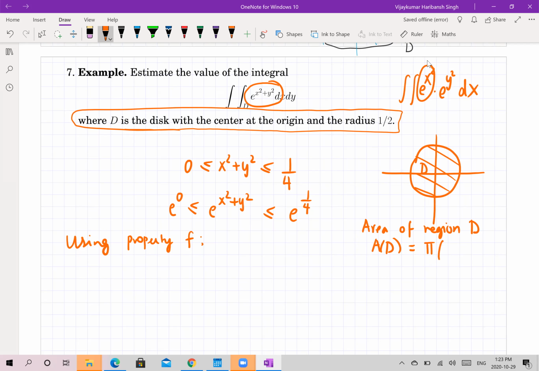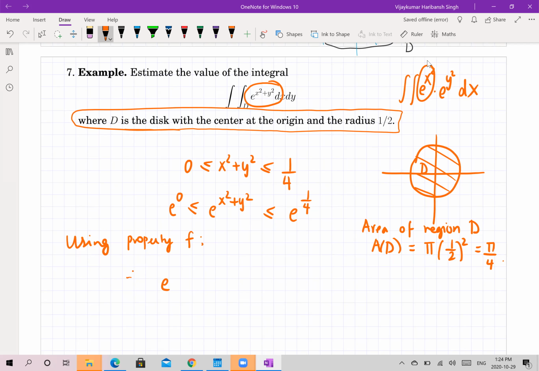We know that result, pi times (1/2) squared, which is pi/4. So this is what A_D is. You would have seen this in functions of one variable in MATH251 when you were doing integrals to find areas.